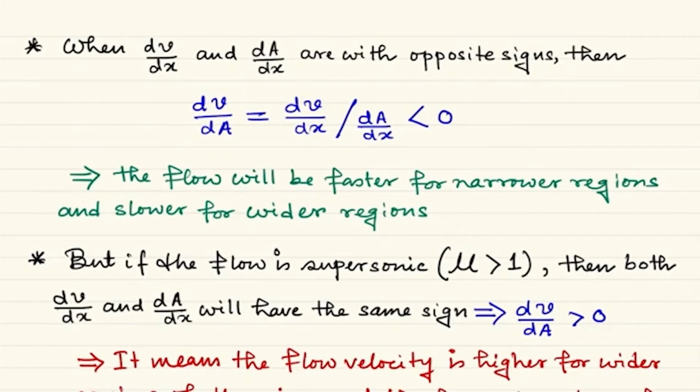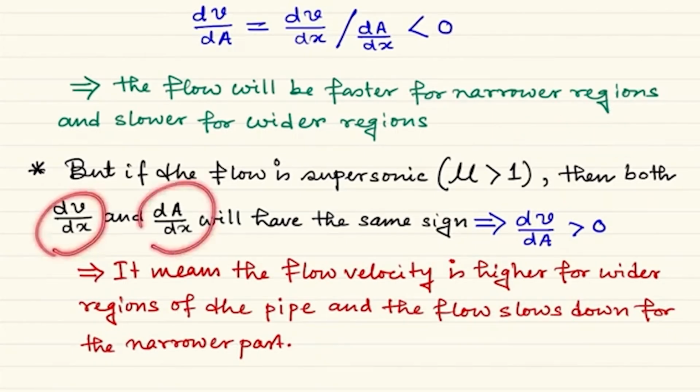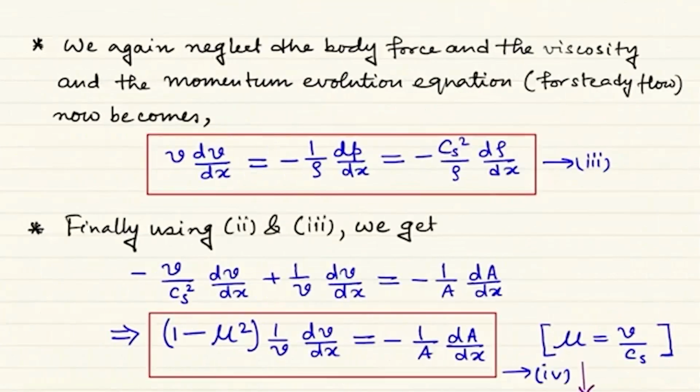Okay, but if the flow is supersonic, that means Mach number is greater than 1 or the velocity is greater than sound speed, then both dv/dx and dA/dx will have the same sign. Why is that?